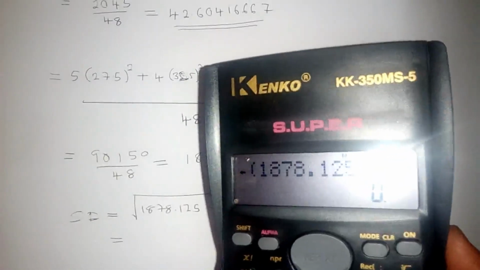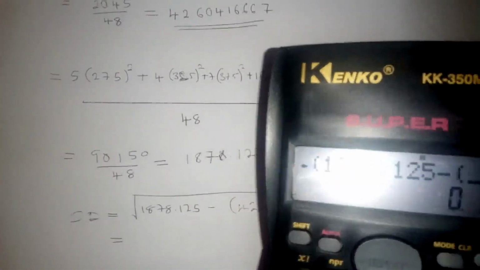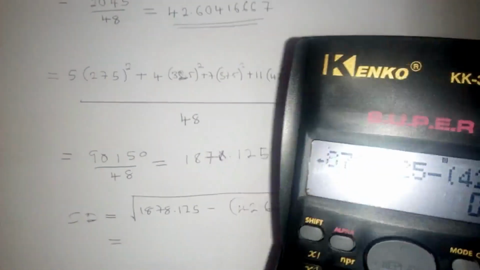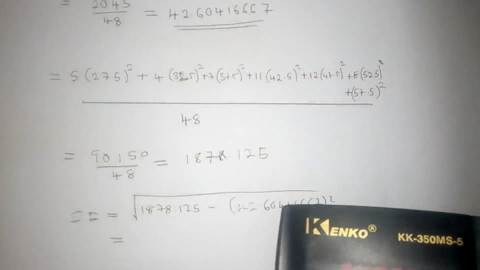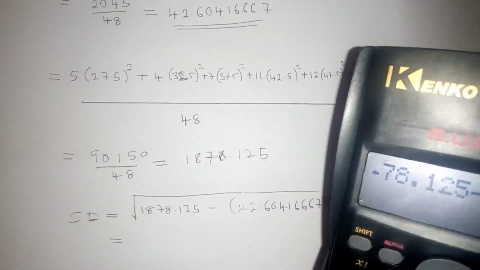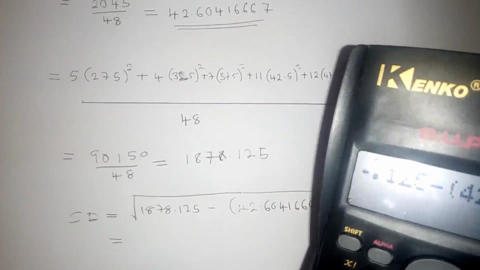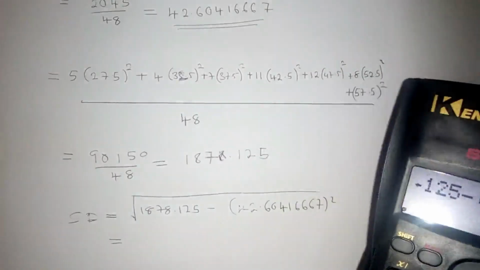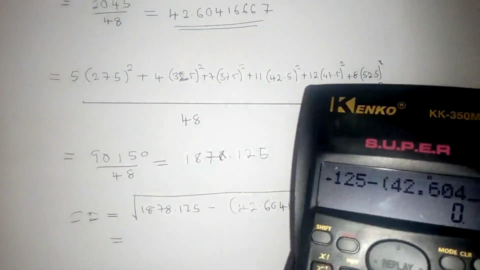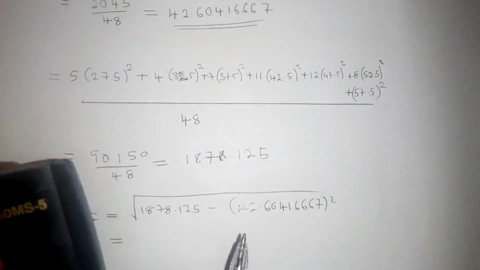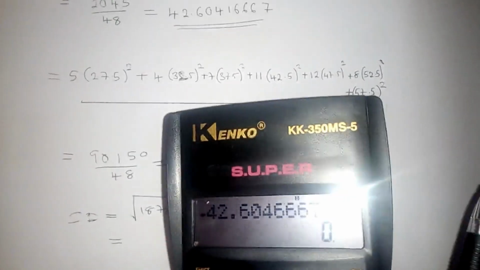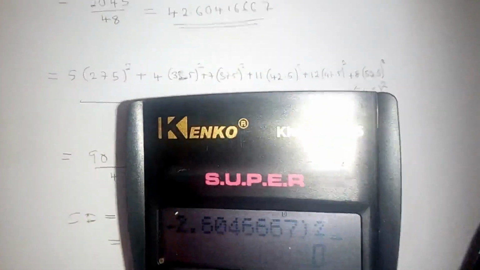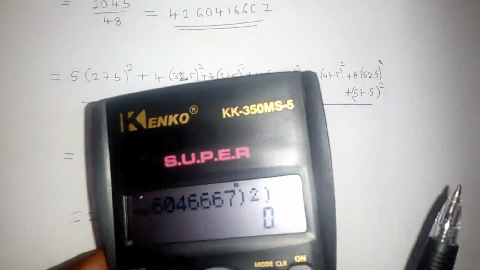So follow all these procedures. Open bracket, 42 point, now I'm copying this one here, 42.60416667. You close bracket, you put power 2 and then close.